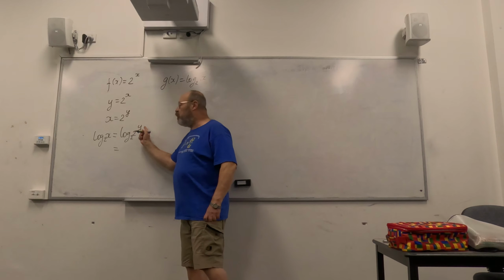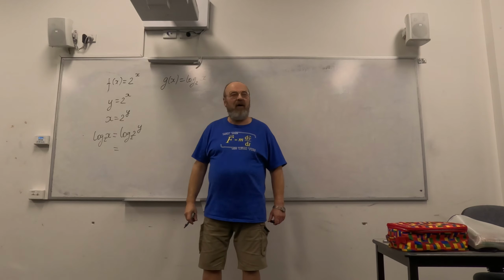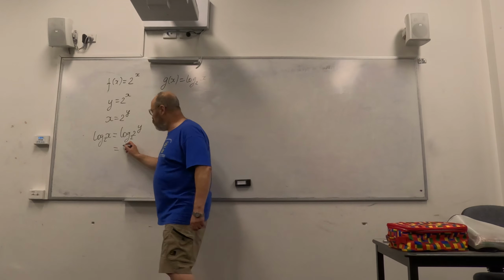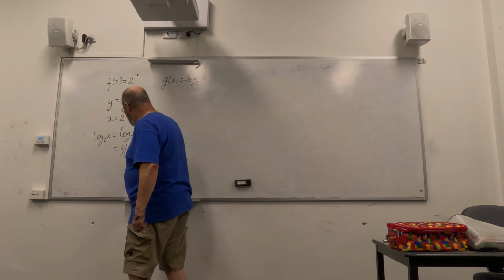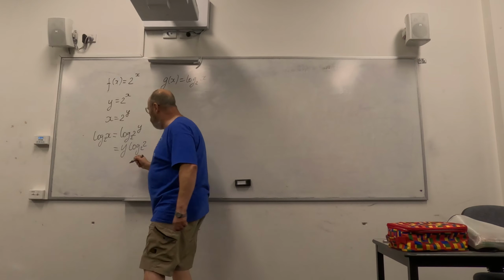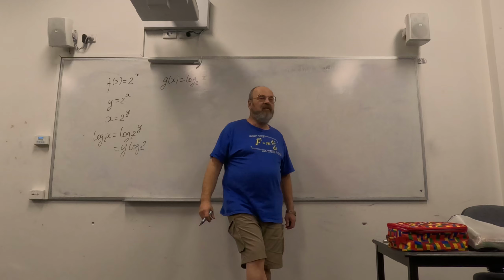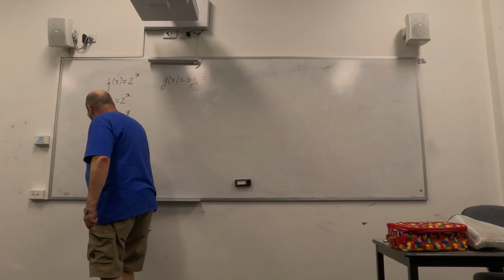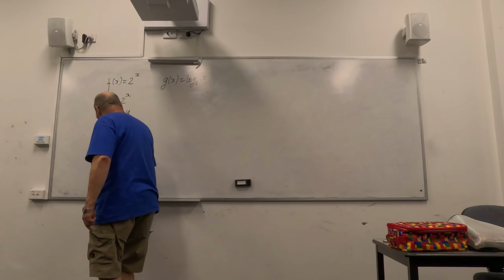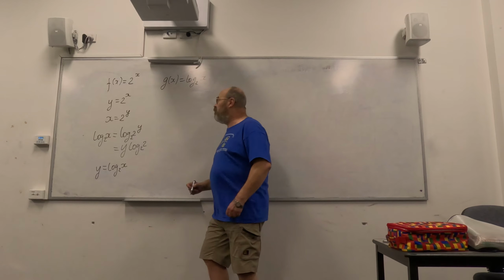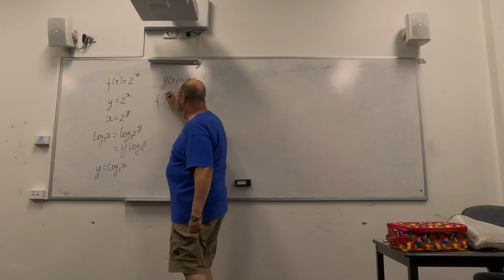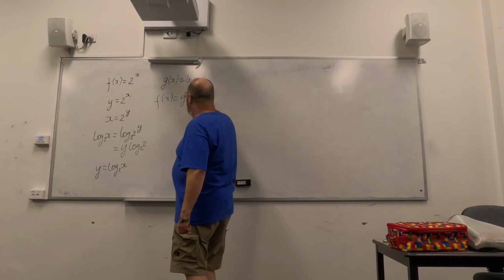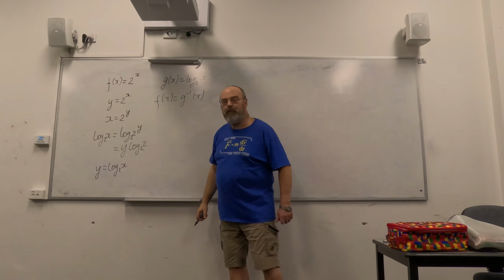What is the property of logs? If we have a power, it goes to the front, so equals y times log 2 with the base 2. What is log 2 with the base 2? 1. So we get y equals log x with the base 2. So they are inverse functions: f of x equals g inverse of x and vice versa.